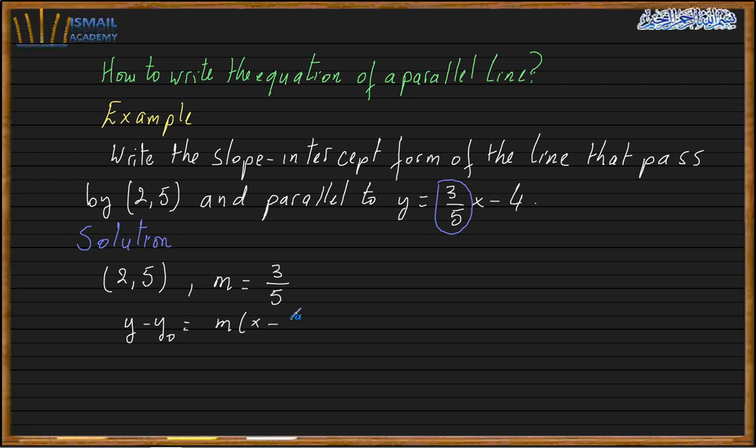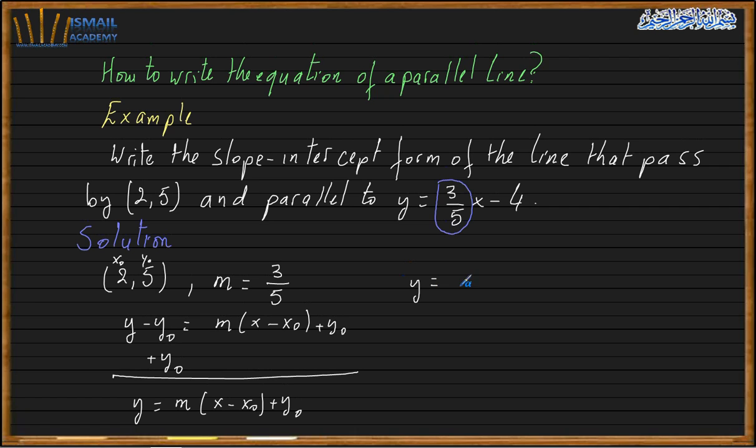So my y will be the slope times x minus x0, plus y0. Now with the point, my y will be 3/5 times (x minus 2).